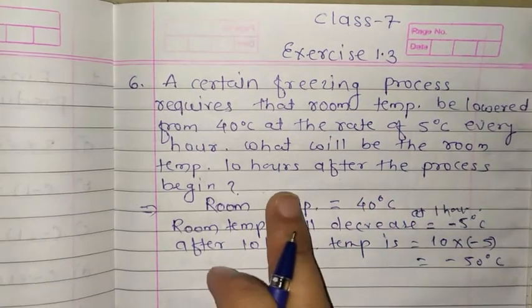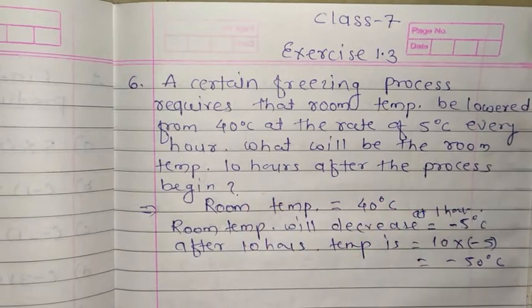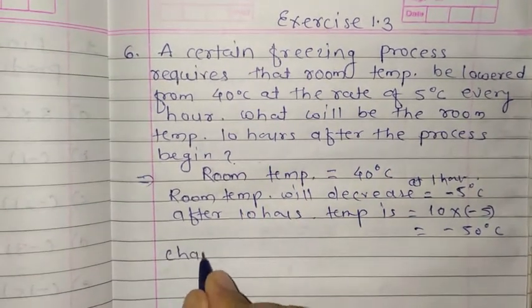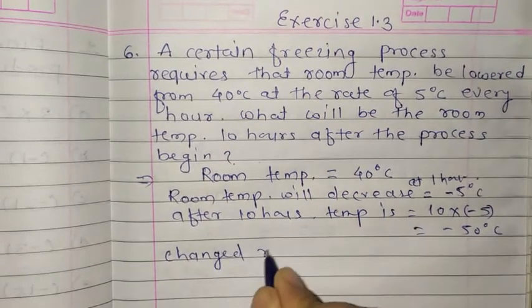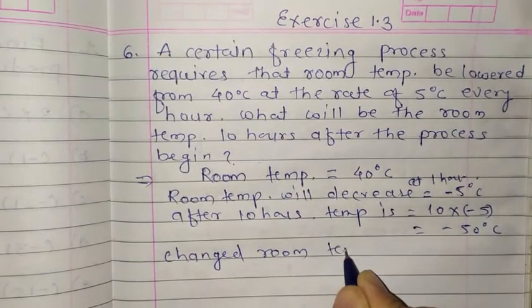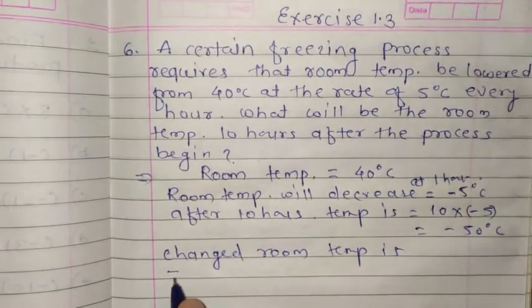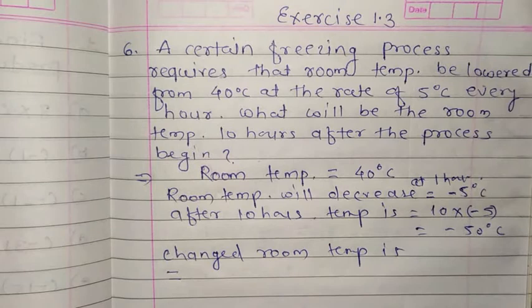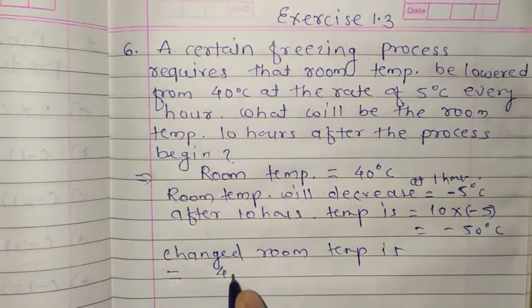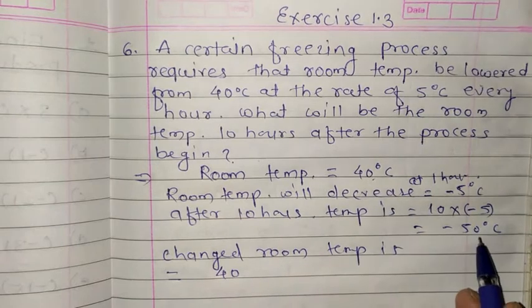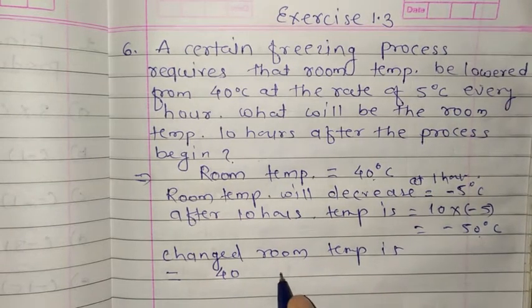So what will be the room temperature after 10 hours? So you can write here change room temperature is equal to, so what is the current room temperature? 40. Got this? Current room temperature is 40 and this one is minus 50.